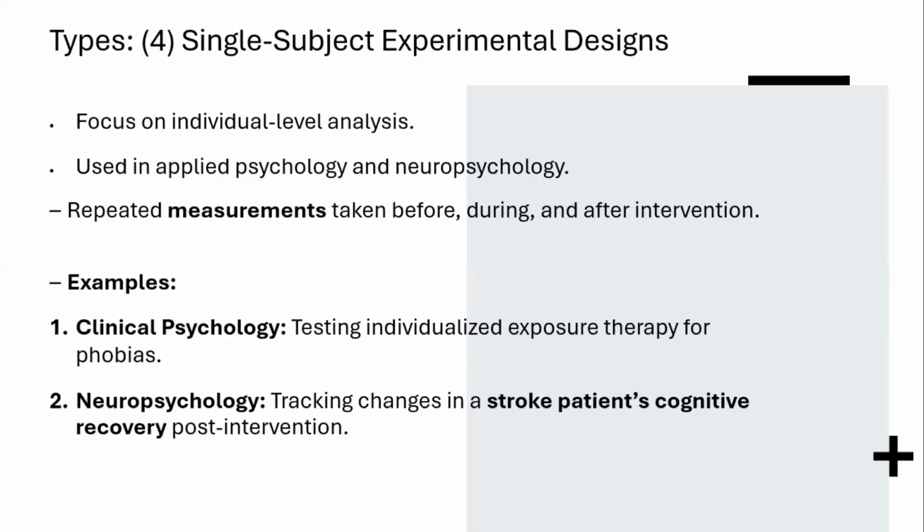It focuses on one individual, mostly used in applied psychology and health, and also when studying rare health conditions. There are certain health conditions where you don't find too many people. Sometimes you just have one patient, and you can plan your experiments on that. Any questions so far on experimental designs?